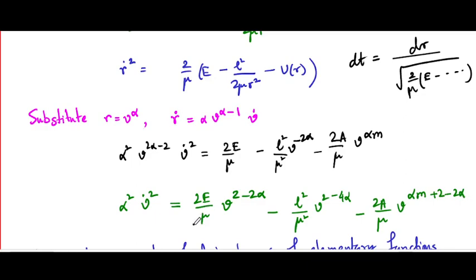The question is, under what condition can we figure out the integral dv by v dot, the square root of this side, which is of course dt, in terms of known functions?